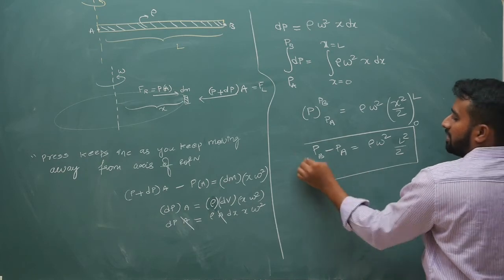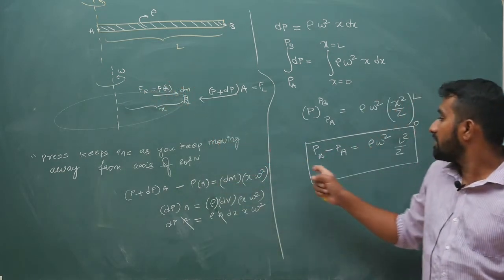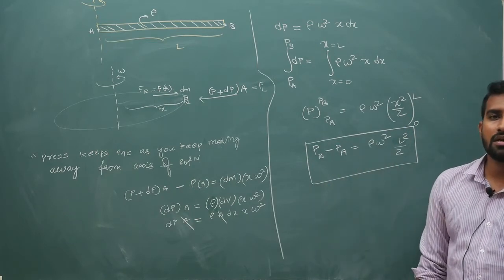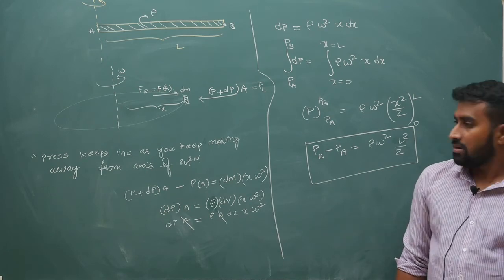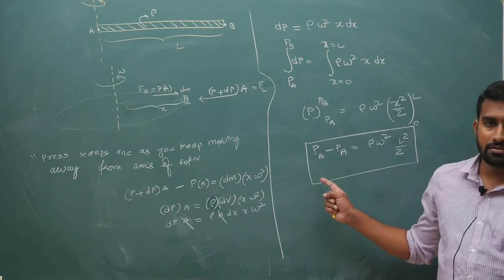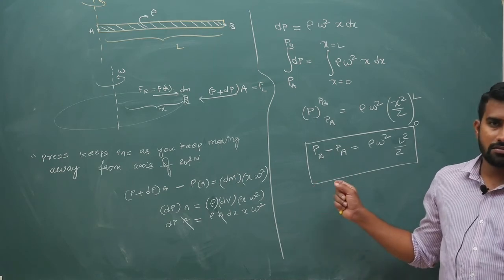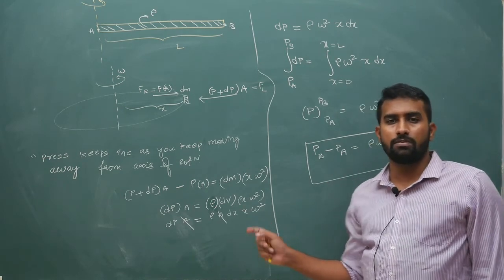On a rotating liquid column like this, the pressure difference between the ends is given by rho omega square L square by 2. Here which end has more pressure? Right end. The farther end will have more pressure. The left end, which is closer to the axis, will have small pressure.